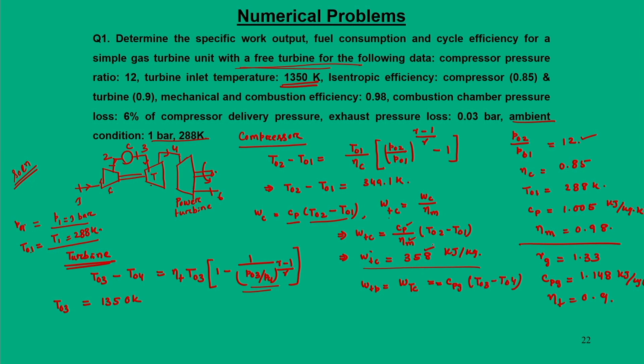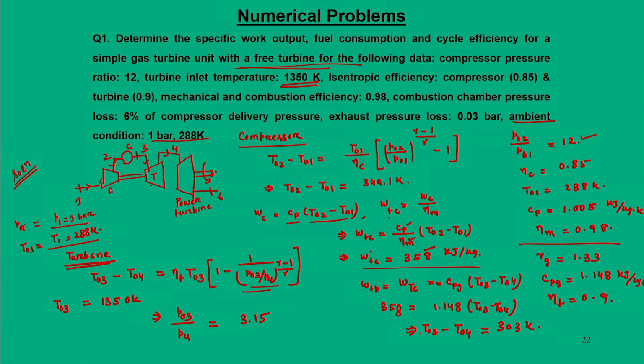So we get 358 is equal to Cpg, 1.148, into T03 minus T04. Okay, so this will give you T03 minus T04 as 303 Kelvin. From this we can find the ratio P03 by P04 as 3.15.